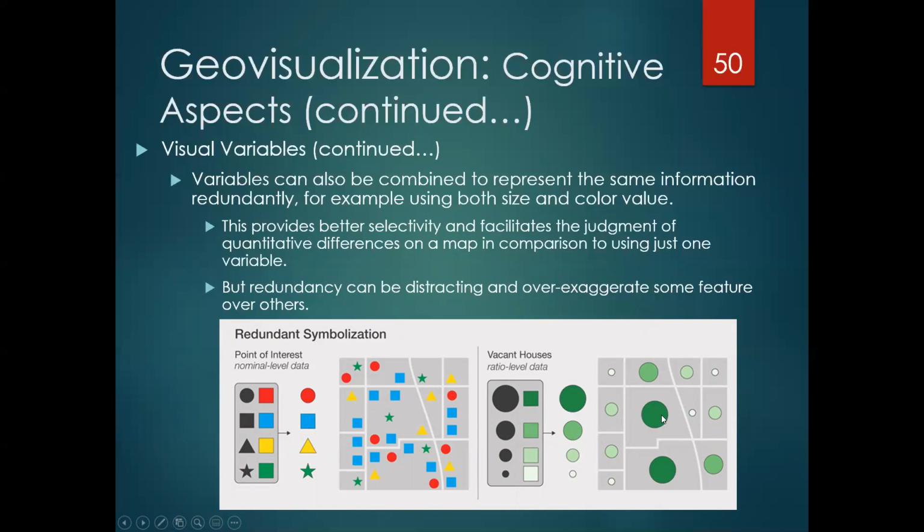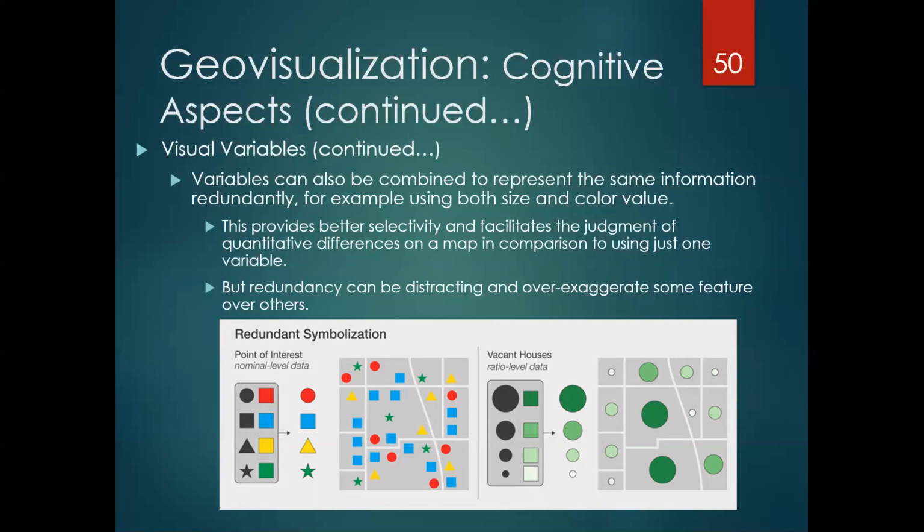So here, neither one of the variables is distracting, right? From the size of the circle, we can tell the general range of the percentage.